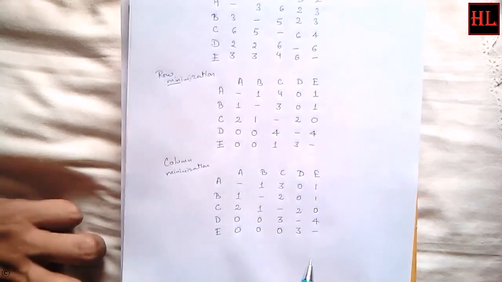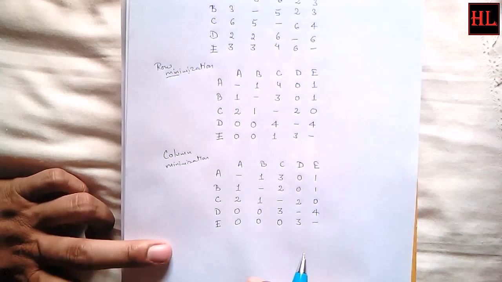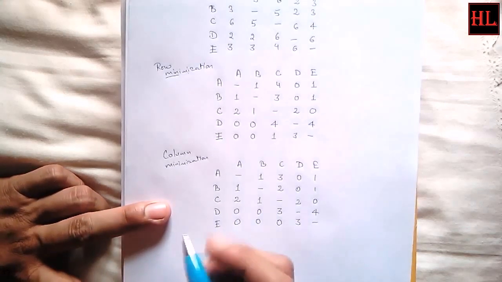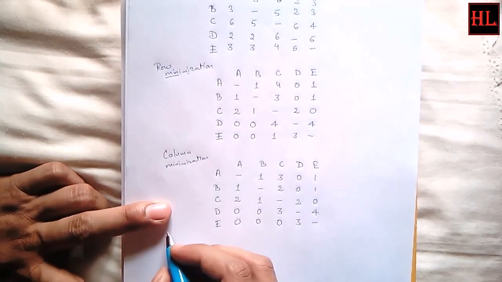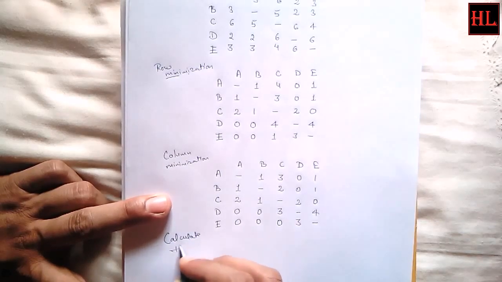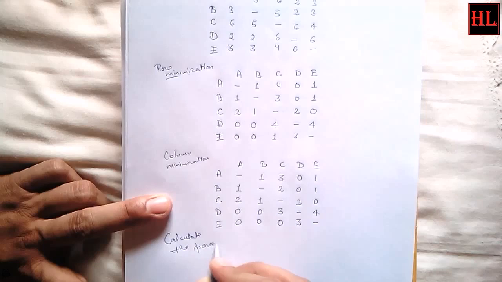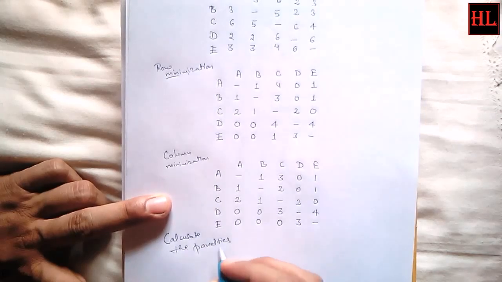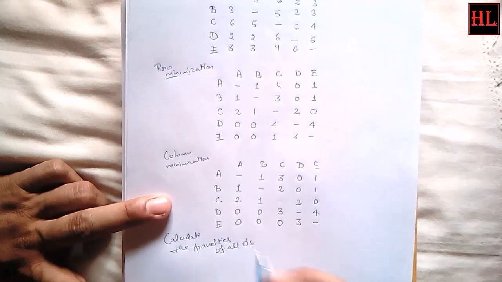So now as you can see that we have performed both the row and column minimization, we need to calculate the penalties of all zeros.